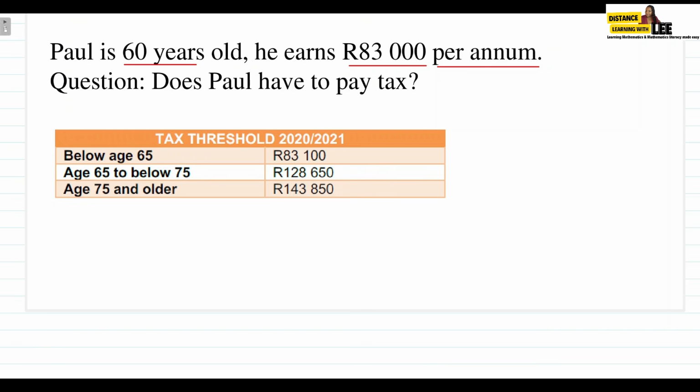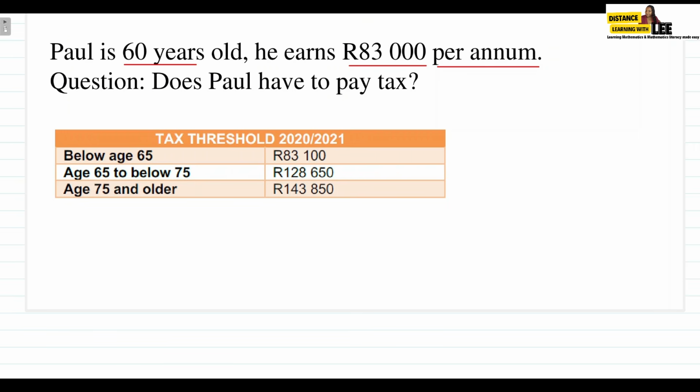And if your age is 75 years and older, meaning 75, 76, all the way up to however old you are, the tax threshold is 143,850. We already know that the tax threshold helps us determine whether a person is eligible, meaning whether a person qualifies to pay tax.